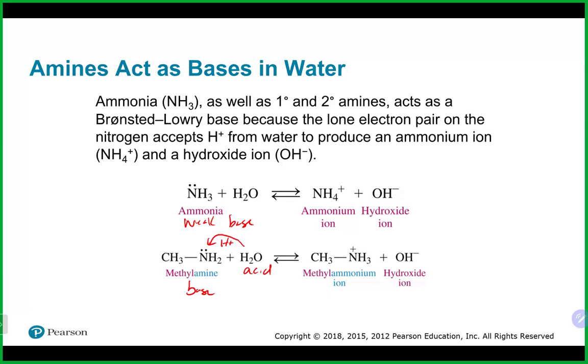That's going to get us our conjugate partners. This would be our conjugate acid, and this would be our conjugate base. So because they're really like ammonia derivatives, they will do a basic Bronsted-Lowry acid-base reaction, and that's for primary and secondary ones.